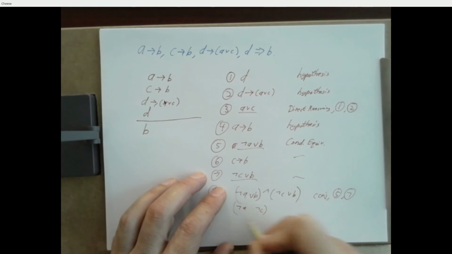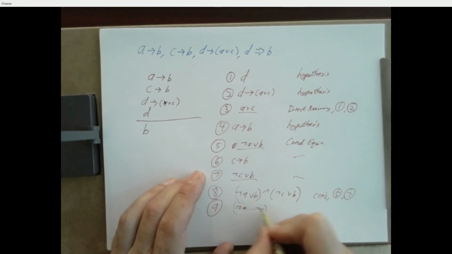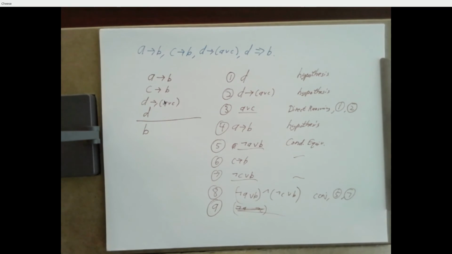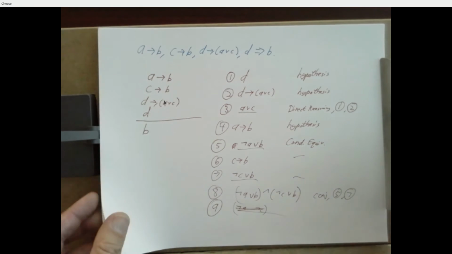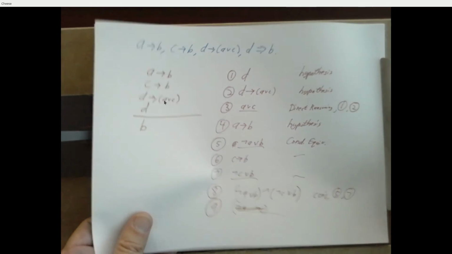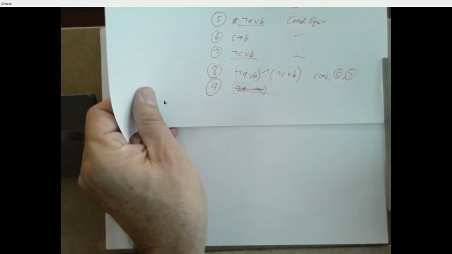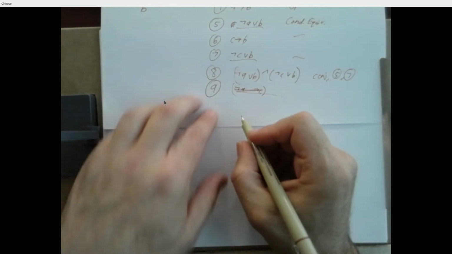So then it would be B. Oh, but that's an implication. Let's see. I don't know, let's brute force it. We've got a few minutes. Let's see where this gets us.